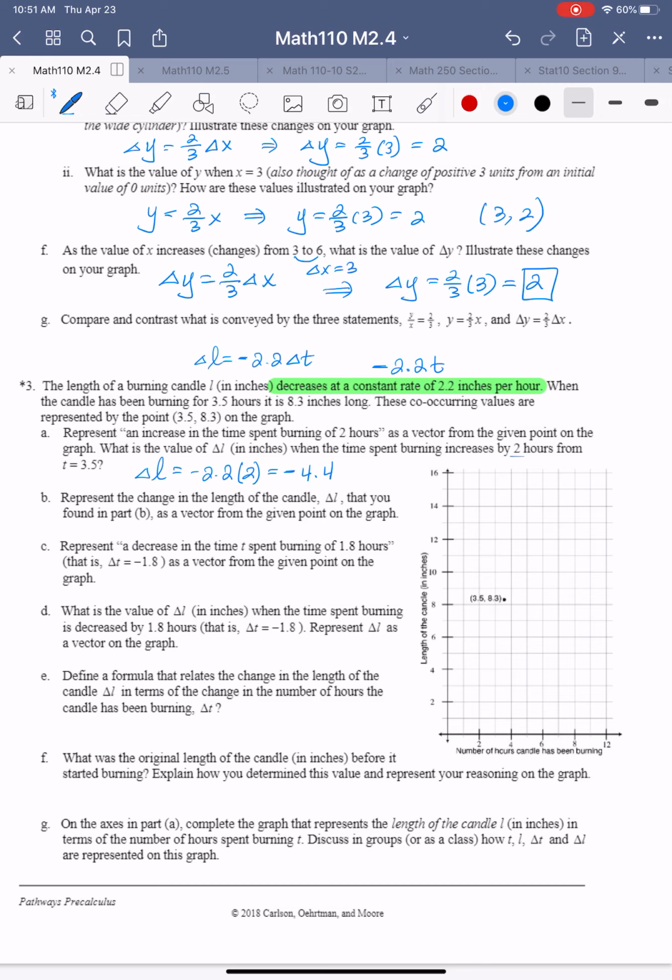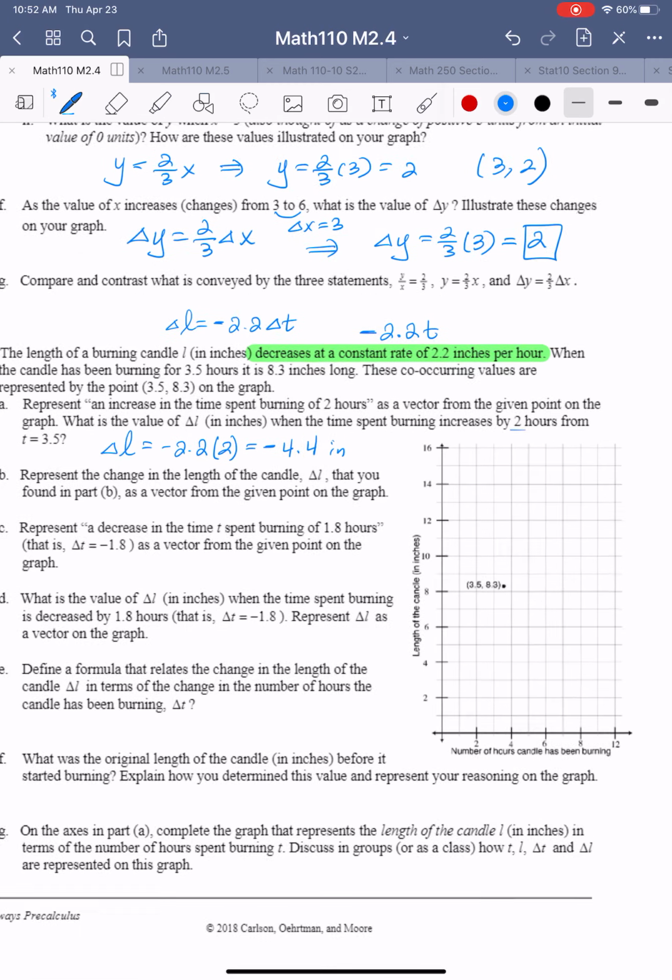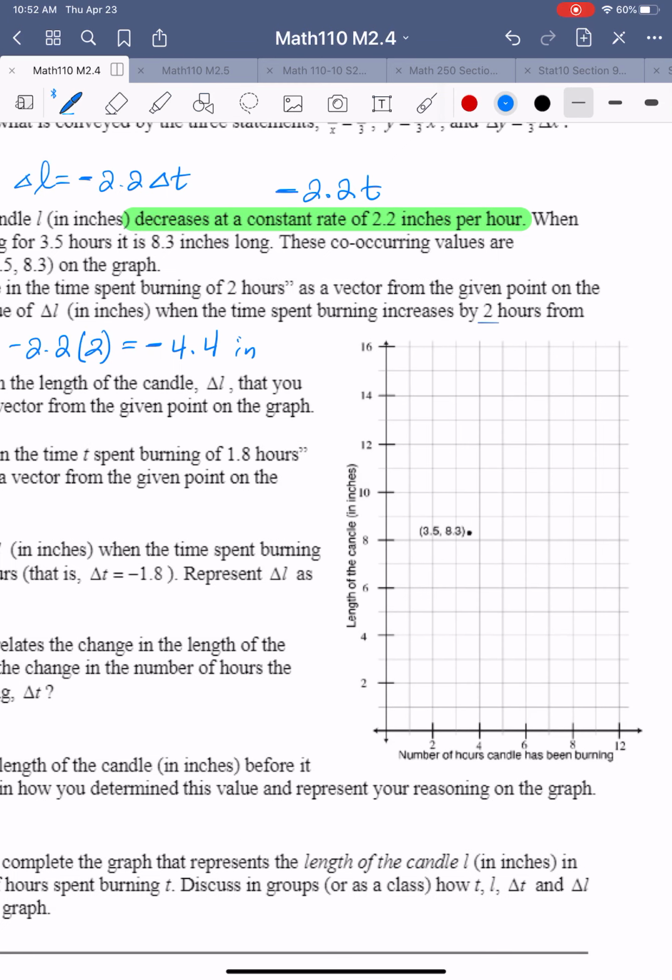And then B, this is a decrease, okay? B represents the change in the length of the candle, delta L, that you found in part A, as a vector from the given point on the graph. Okay, so 2 hours have passed. From 3.5, 2 hours later should be 5.5.